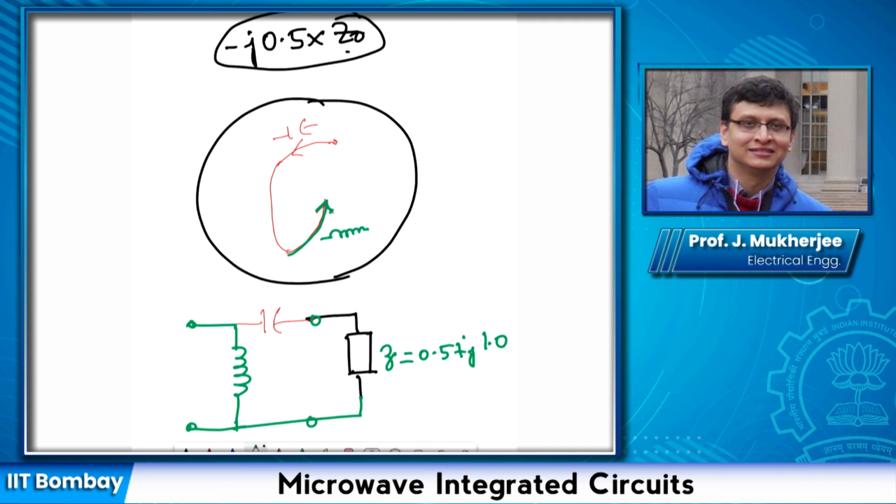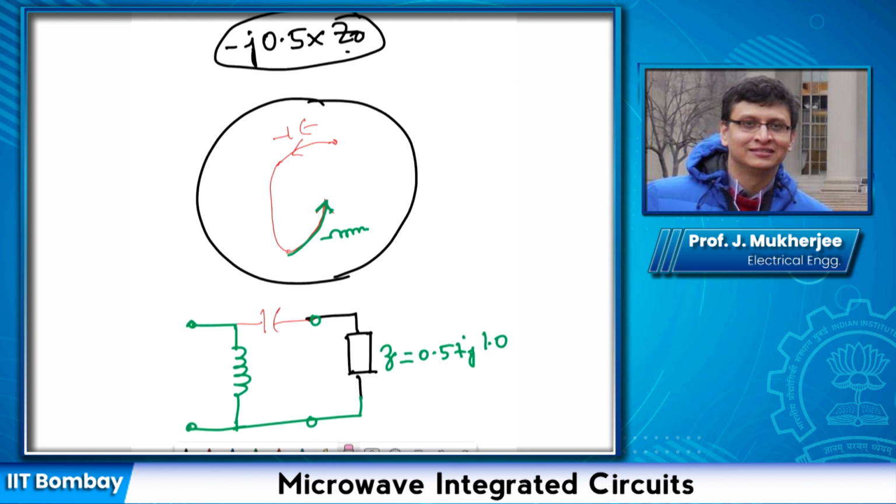So this is Z equal to 0.5 plus j 1.0. This is ZC, minus 0.5, and then this is for the previous problem. I leave it as an exercise for you to find out the values of the capacitance and inductance.